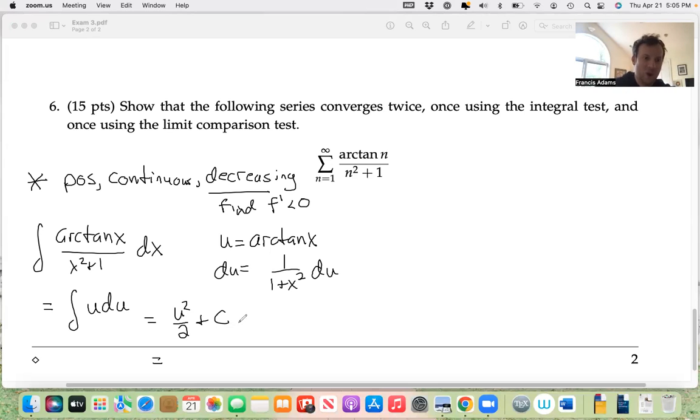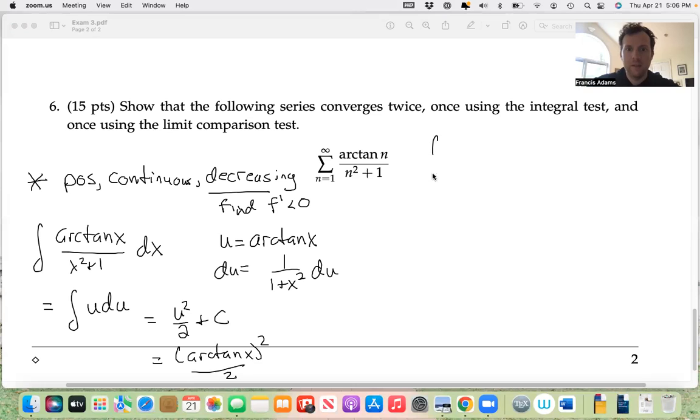But why this turns out okay is it's not really u, it's not the variable itself, that's actually arctangent in there. So arctangent of x squared over 2. And since arctangent has an asymptote, this will have an asymptote too.